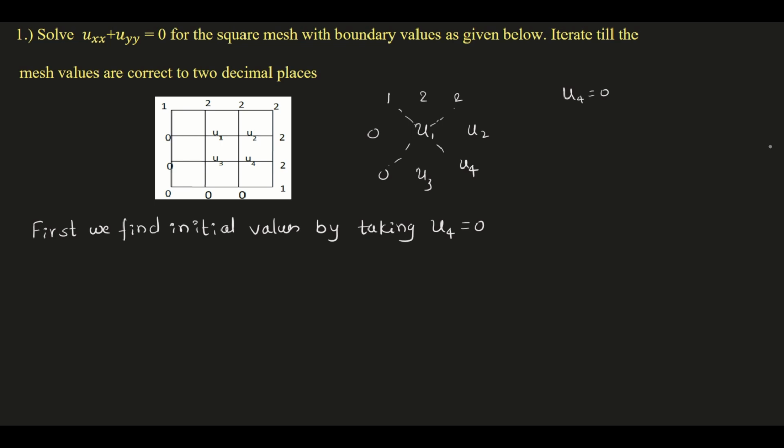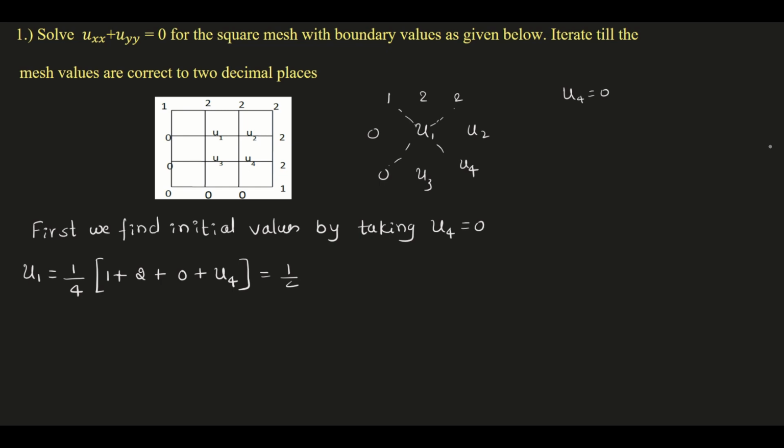Now, as I said, I'm going to find u1. So what is the formula? 1/4. What I said, I'm going to apply the diagonal 5-point formula. So according to the diagonal 5-point formula, first the left side diagonal is 1, then the right side is 2, plus left down 0, plus right down it is u4.